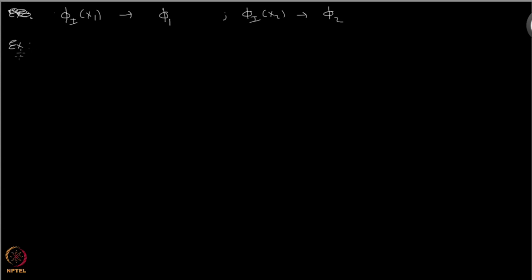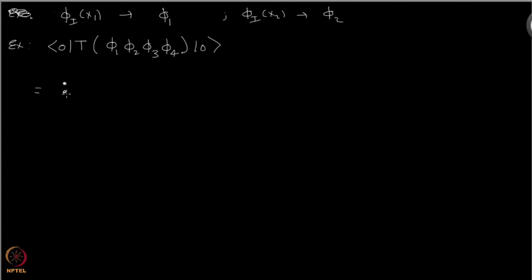So use this and show the following: if you take the time ordered product of four fields, where I have used this shorthand, you should show that this is equal to the following normal ordered product.